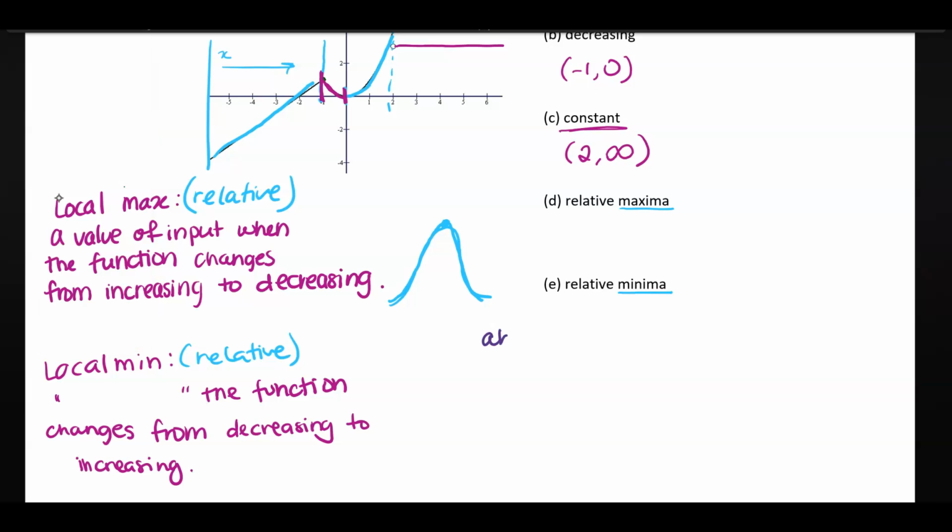So let's take a look at an absolute max. The big difference is between locating the highest and lowest points on a graph in a region around an open interval, so that's locally, what we were just talking about, and locating the highest and lowest points on the graph for the entire domain. So when we're talking about absolute max and min, we are looking at the entire domain.